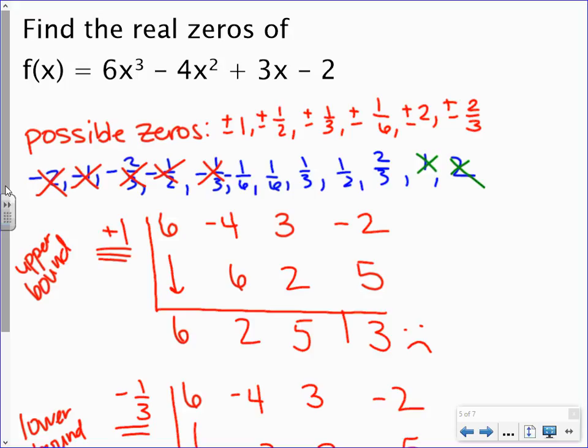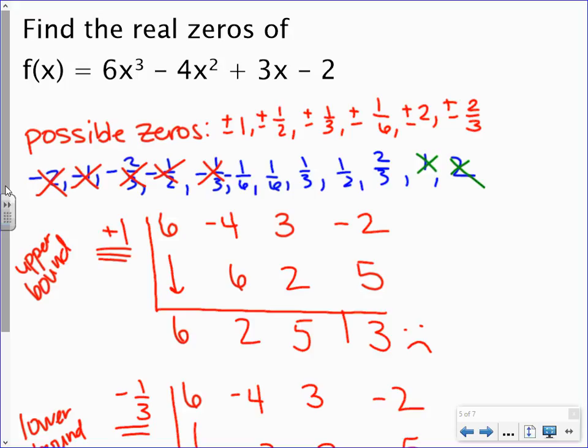No, because there's not going to be a negative zero. But I wanted to show you what it looked like, and I wanted to see if anybody would stop me before I did that. Always think about Descartes' rule of signs. I didn't go through it on this example on purpose. I wanted to see what you would pick out from it.